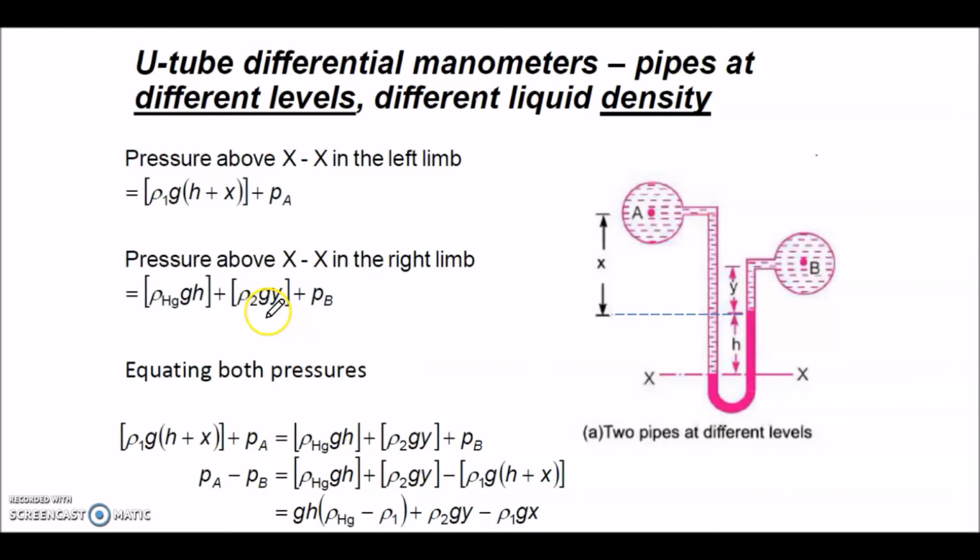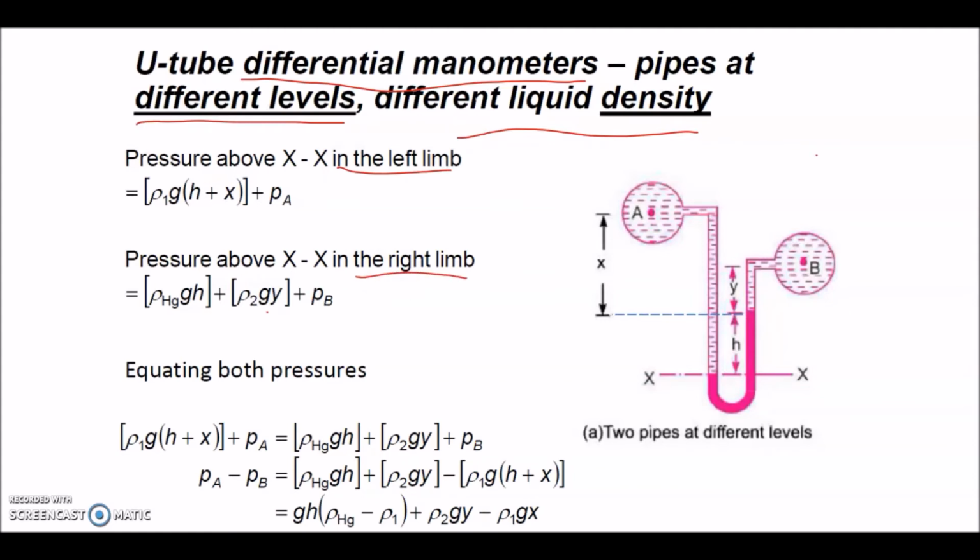Okay, so next is the U-tube differential manometer. You can see here the pipes are at different levels and we have different liquid densities. So point A and point B are at different levels. The same method can be used. We set up the left limb and also the right limb.